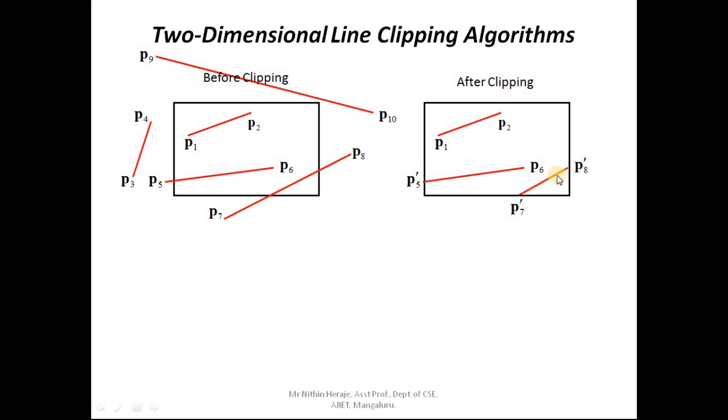That is what you can see here, after clipping. A line completely inside the window is completely visible, and the parts that are outside are discarded. Two lines are completely discarded, so this is what is actually visible to us.